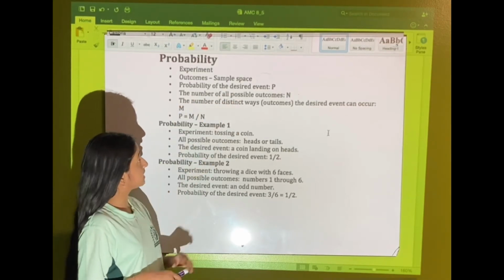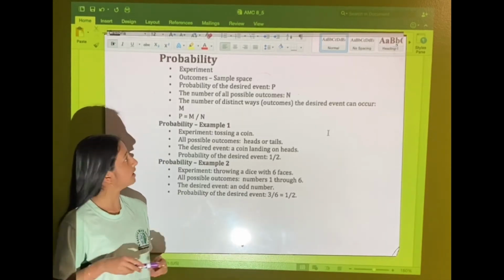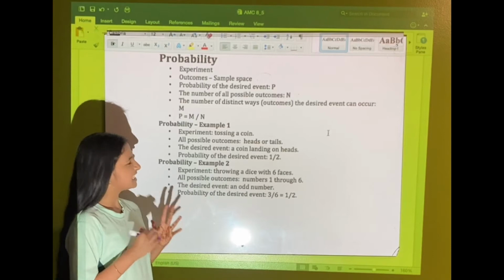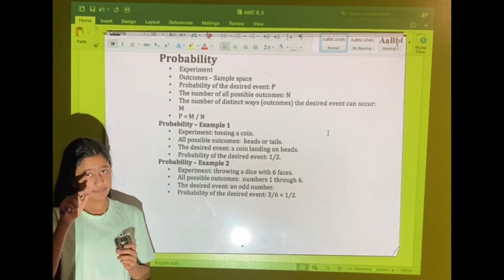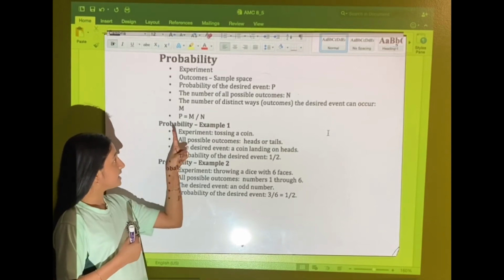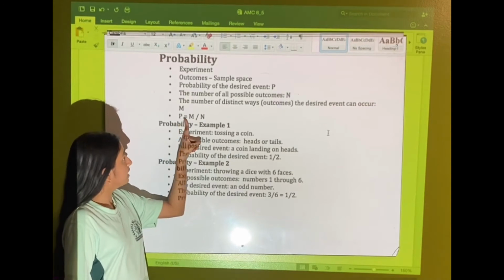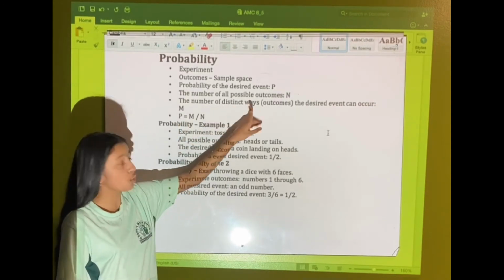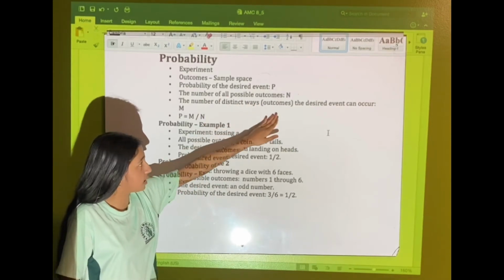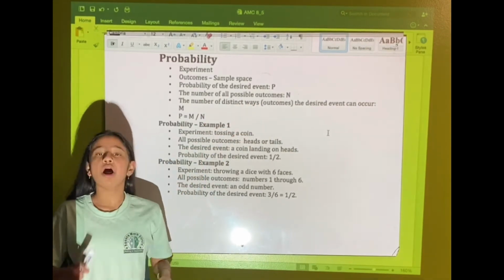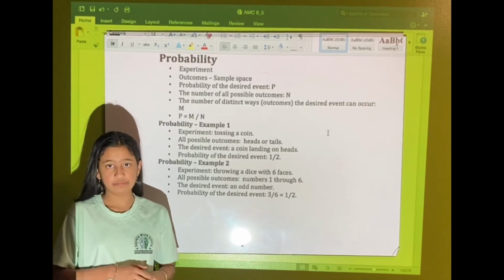Probability of the desired event is P. The number of all possible outcomes is N. The number of distinct ways or outcomes the desired event can occur is M. And P is equal to M over N, meaning probability is equal to the number of distinct ways or outcomes over the number of all possible outcomes, meaning probability is equal to desired event over total outcomes.